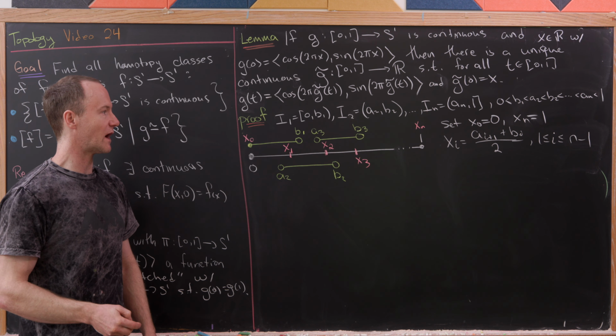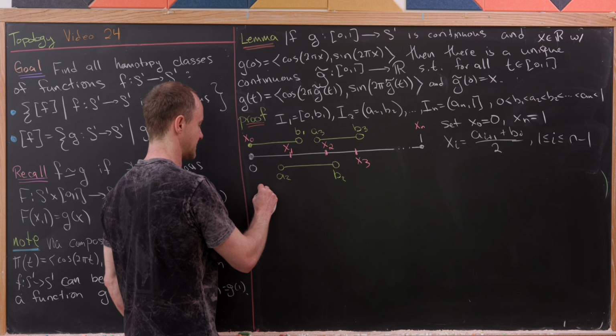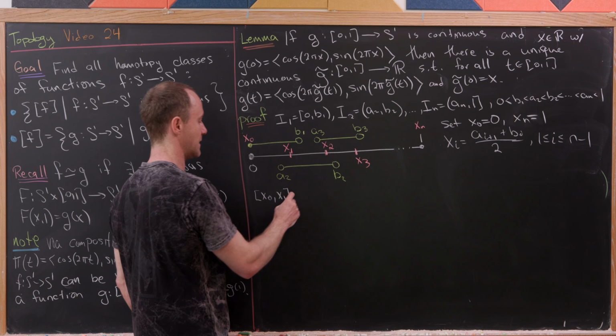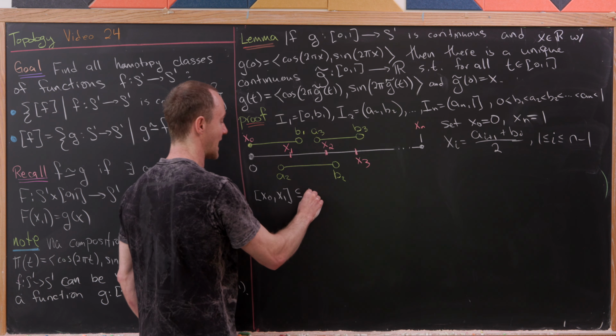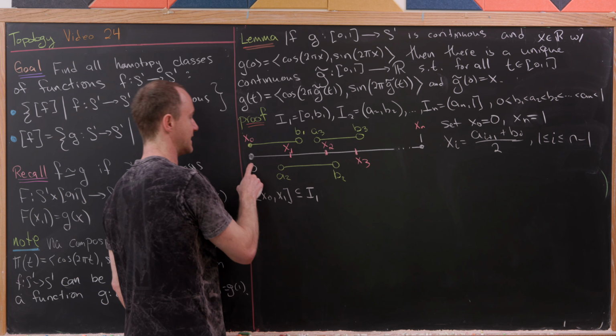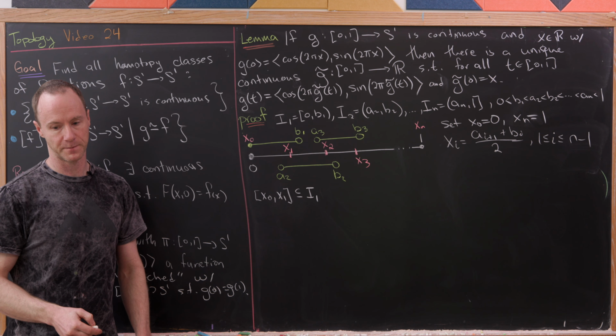And then, well, let's also note the following, that this closed interval from x0 to x1 is a subset of my I1. Remember, my I1 is, well, I won't write it down, but it's this interval from 0 to b1. I've already got it written down there.